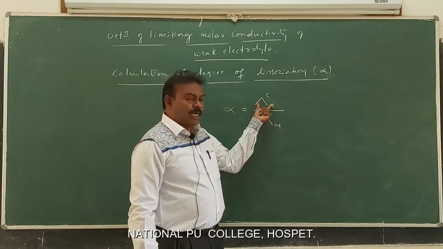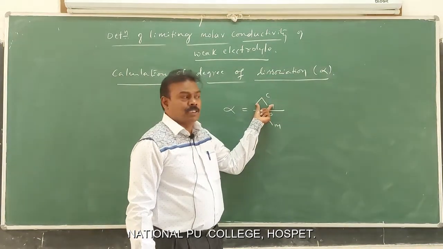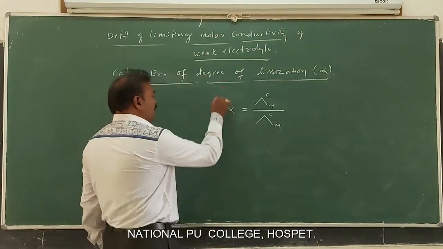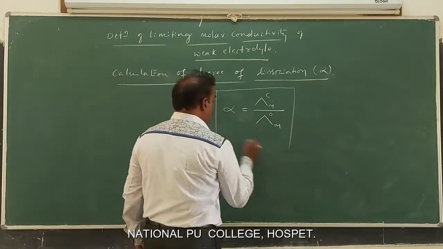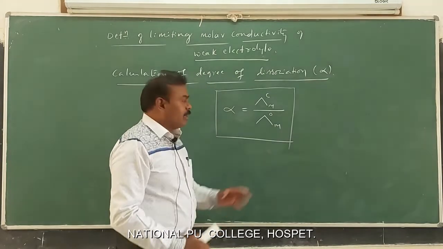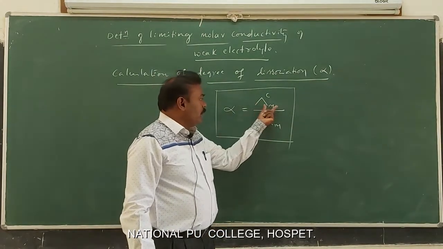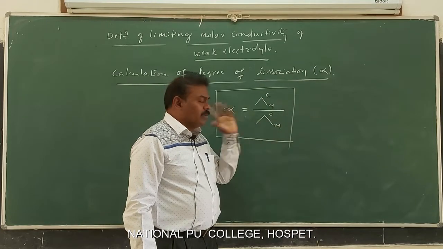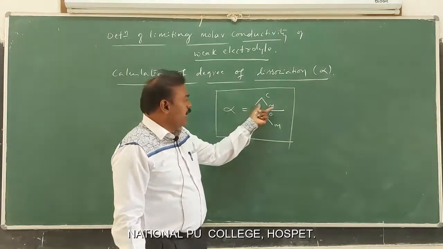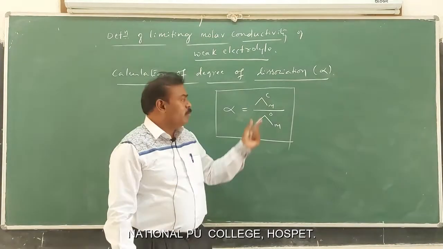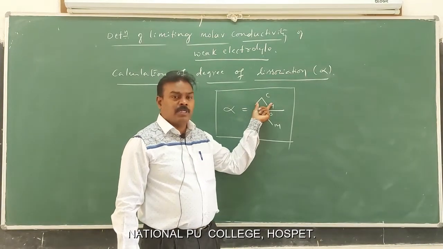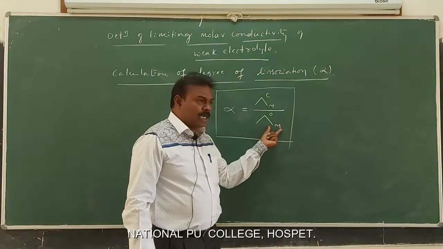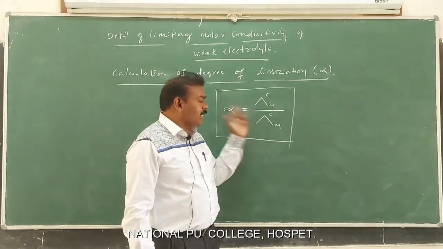Alpha is equal to lambda m c divided by lambda m naught. Lambda m c means molar conductivity of an electrolyte at any concentration, and lambda m naught is the molar conductivity of an electrolyte at infinite dilution.